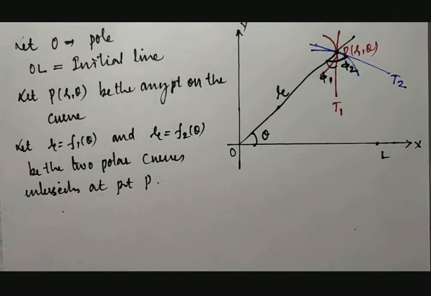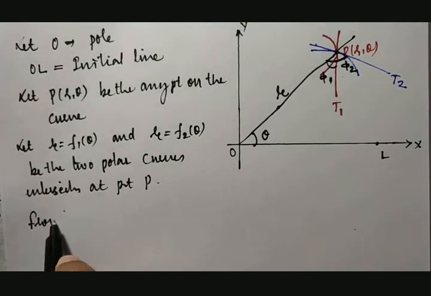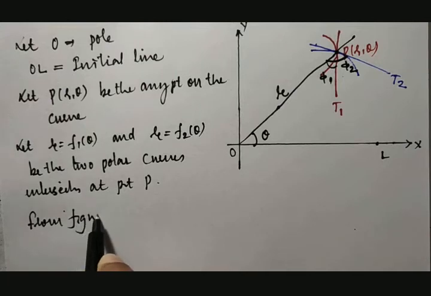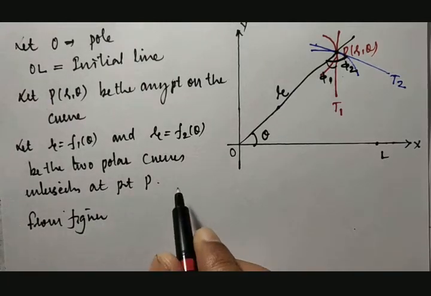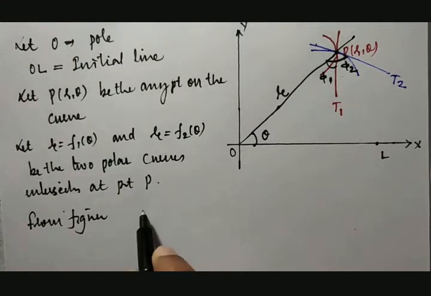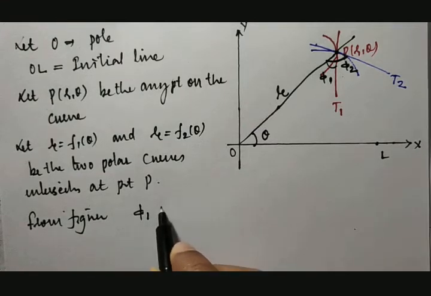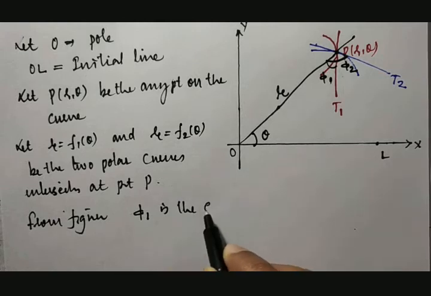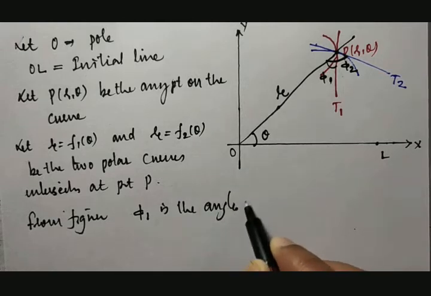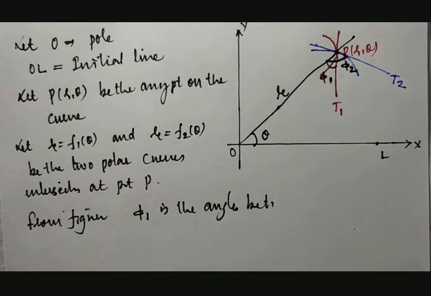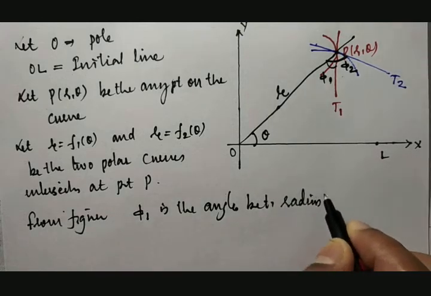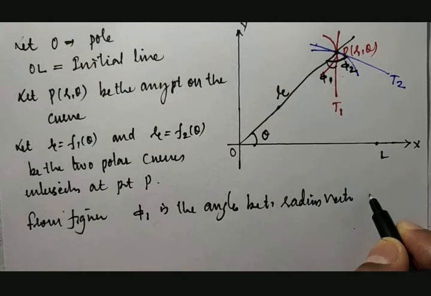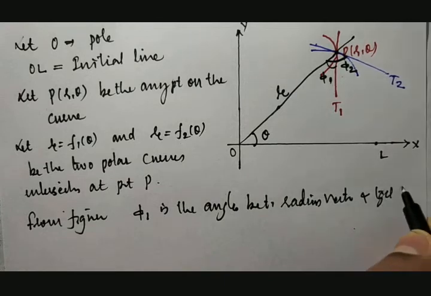Therefore, from the figure, it can be seen that pi 1 is the angle between radius vector and tangent T1.